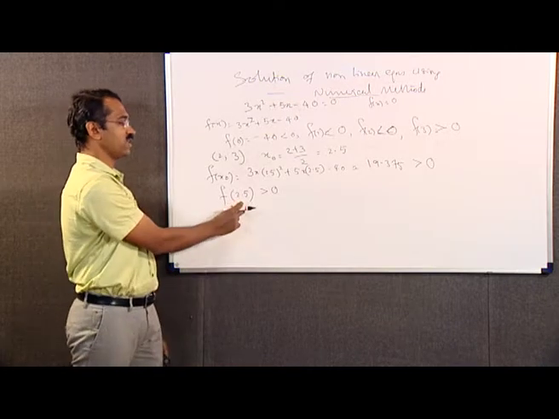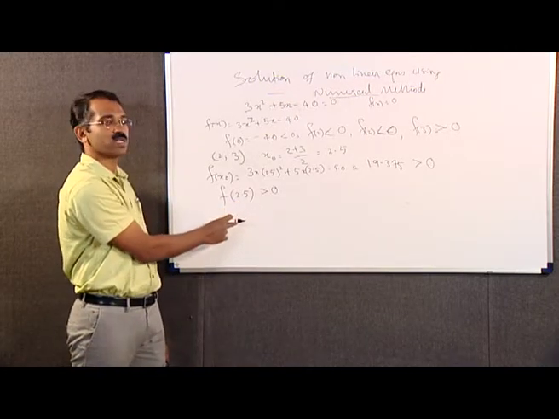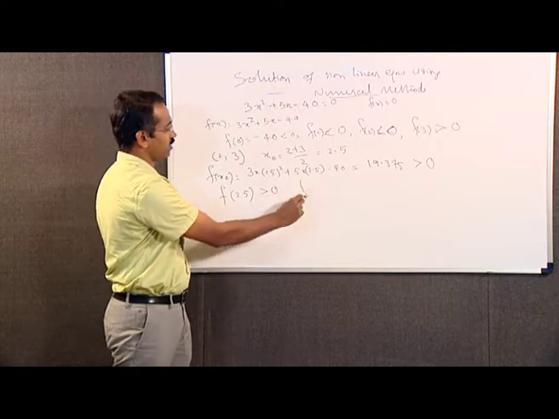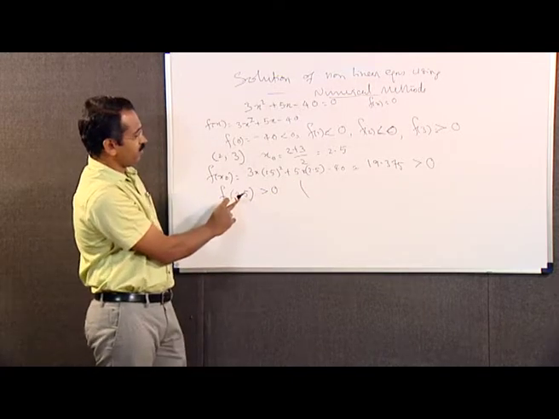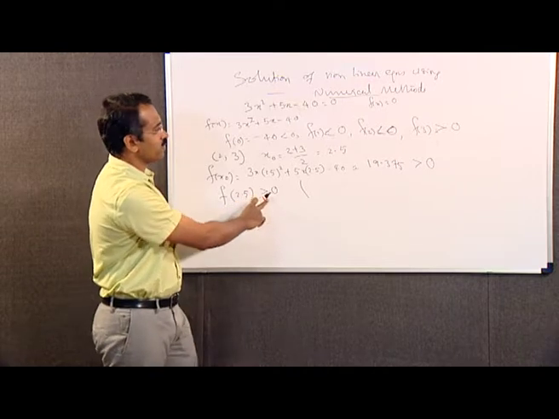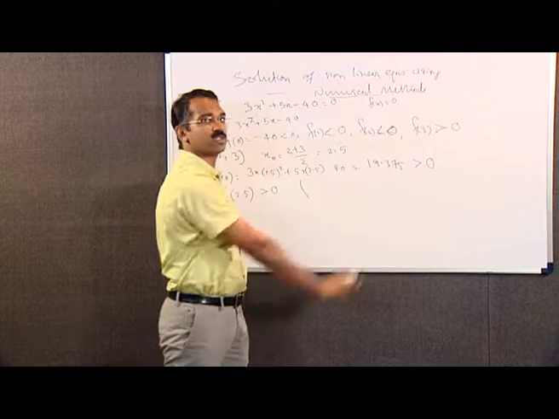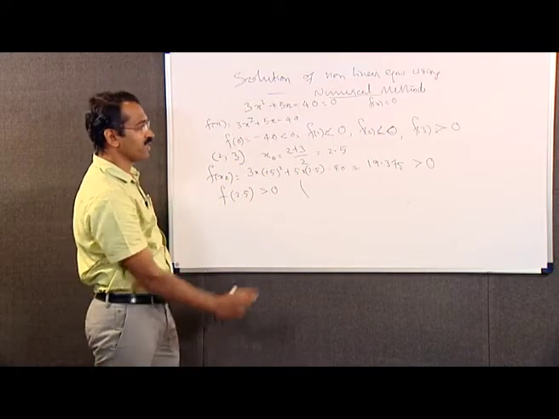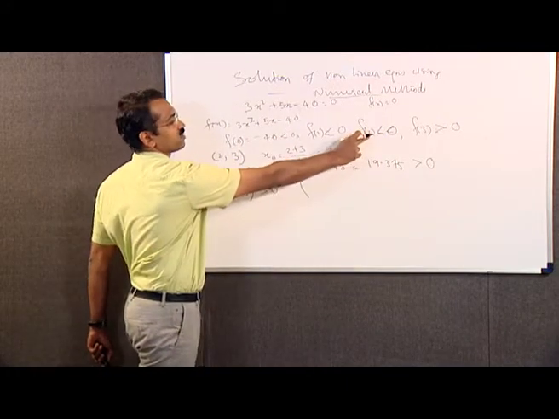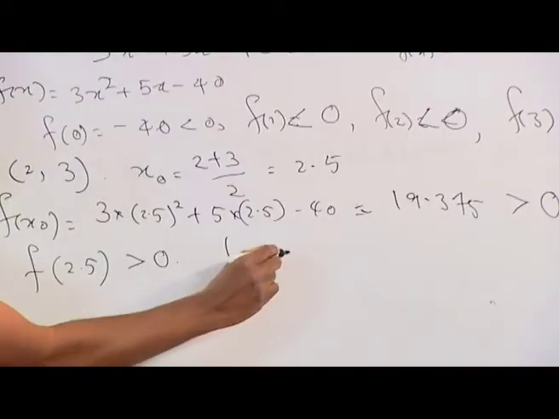Therefore, we can take the next interval of approximation. Here f of 2.5 is positive and f of 2 is negative in the first step. Therefore, we take the interval 2, 2.5.